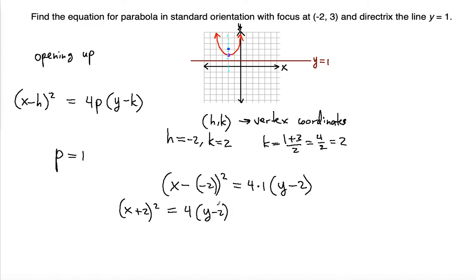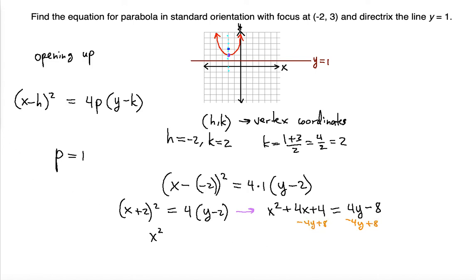So what this gets us to is x squared plus 4x plus 4, I'm just expanding the left side, equal to 4y minus 8. Now we're going to subtract 4y and add 8 on both sides.